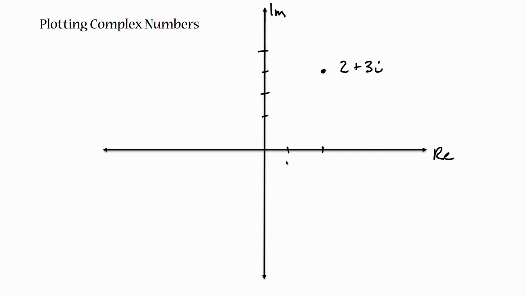Because on my real axis I've gone 2 points, and on my imaginary axis I've gone 3. In this perspective, you can also plot complex numbers using polar coordinates. But I don't want to get into polar coordinates right now because that's a whole other video.